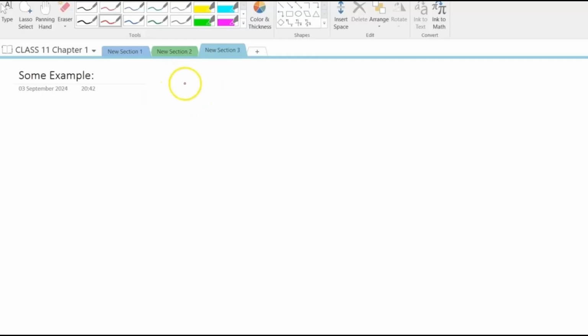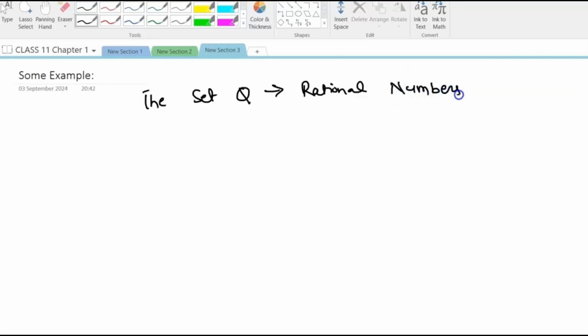Let's see the relation between Q, the set of rational numbers, and R, the set of real numbers. Now, what are rational numbers?